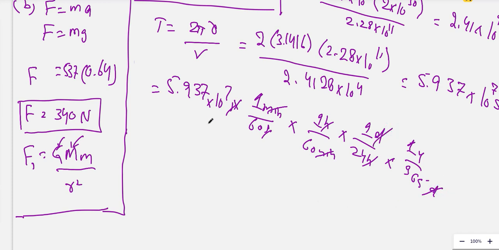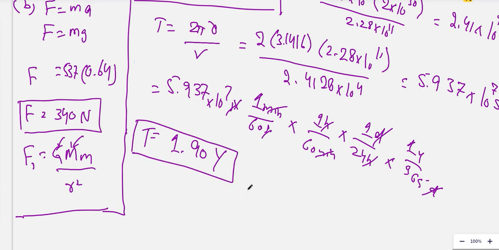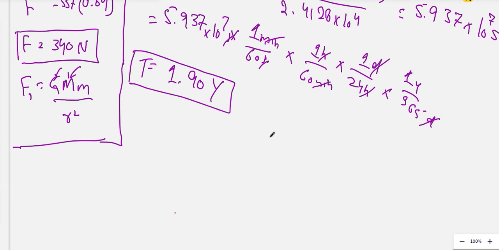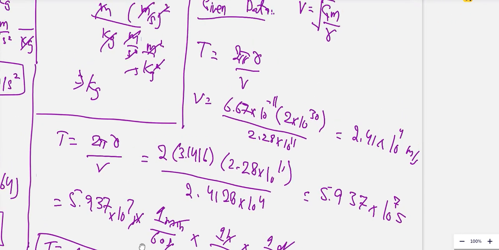Dividing it by 60 times 60 times 24 times 365 will give us, using 3 significant figures, 1.90 years. So that is the time period. You got it? If there is any confusion you can ask.